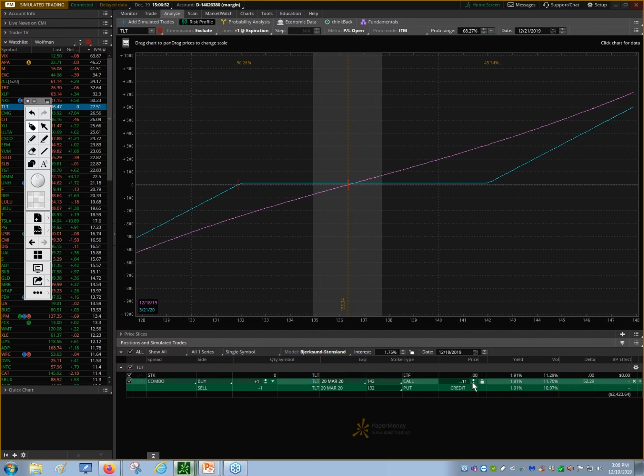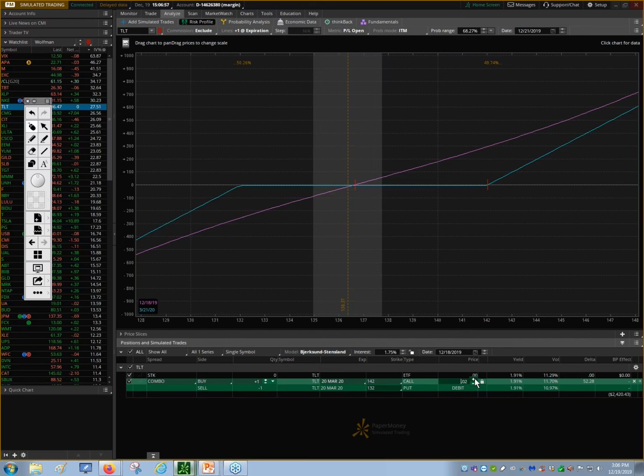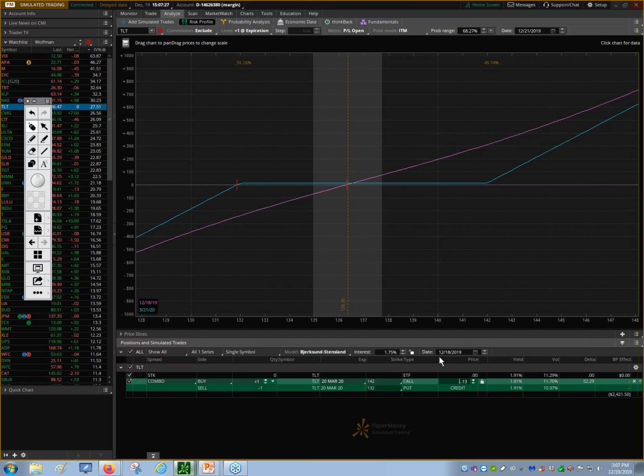If I make this into a debit, if I just happen to set it up as a debit, you can see now my break even jumped all the way up here. That's at expiration still, mind you. If the markets continued up, started increasing tomorrow, I wouldn't necessarily have to worry about it until the expiration happened. But why not set yourself up for success, so that if the underlying never moved, you'd be able to get that 11-cent credit and never have to worry about it, right?